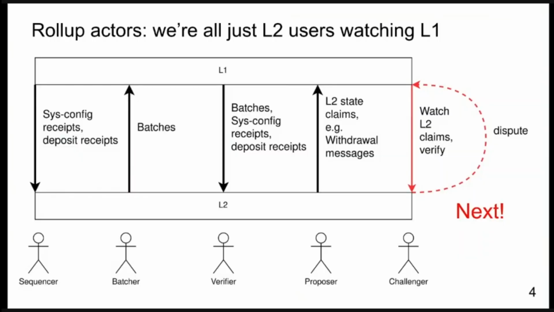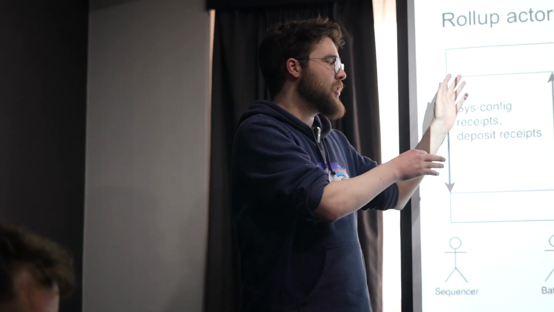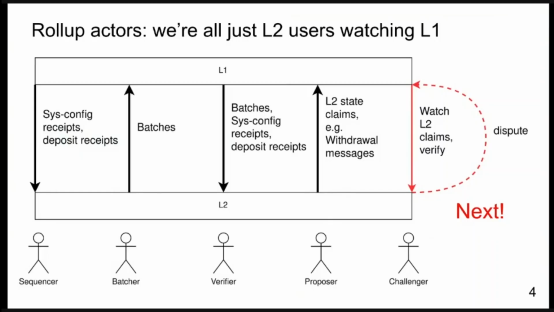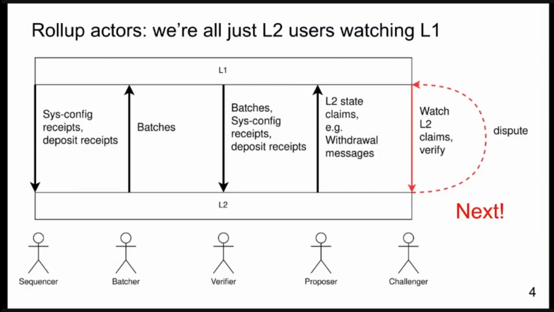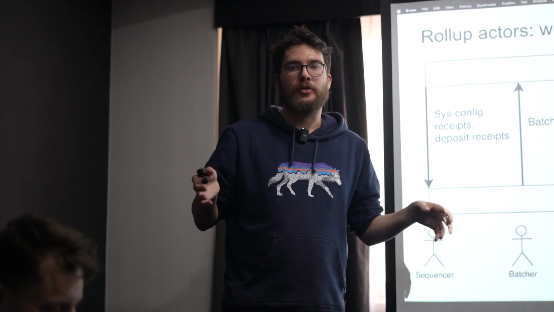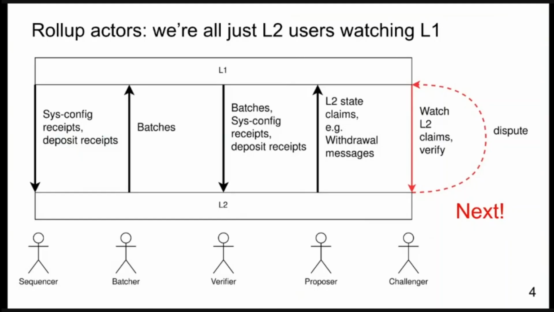We have them produce layer 2 blocks. We have the batcher publish those blocks back to layer 1. The verifier takes layer 1 information, now with batches, to reconstruct the chain. We have the proposer claiming things about the layer 2 chain. And the proposer can be replaced by any user proposing something or claiming something about their withdrawals.